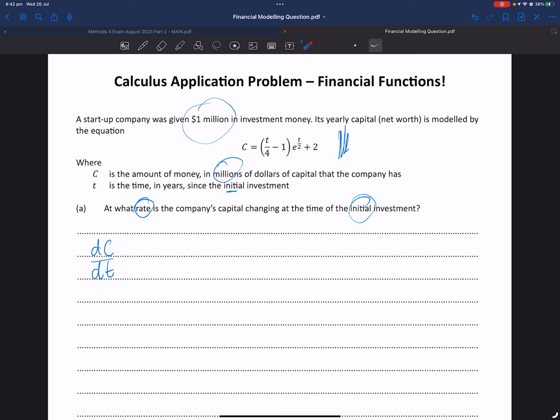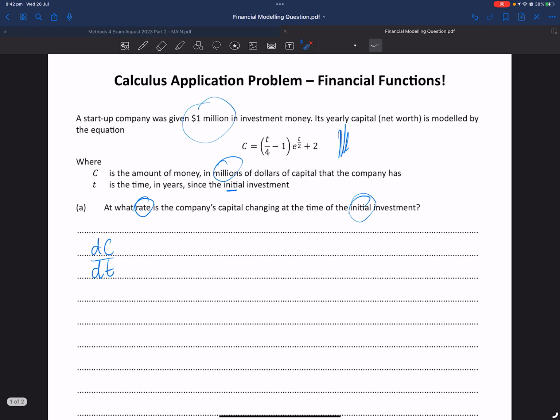For a rate of change or a derivative, I know that if I'm adding a constant value, that's going to disappear when I look at the derivative. So I can effectively just ignore that. If that was 2t there, for example, I'd be working out the derivative of this, plus the derivative of 2t, which would be 2. But it just says 2, so I don't have to worry about it. But keep that in mind.